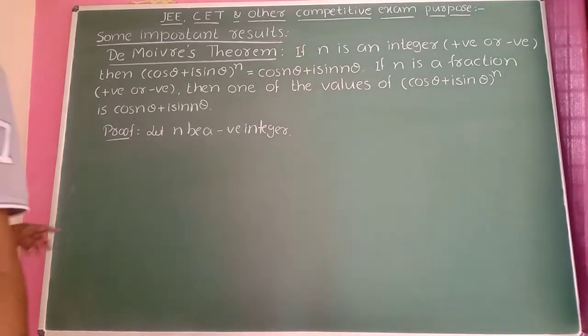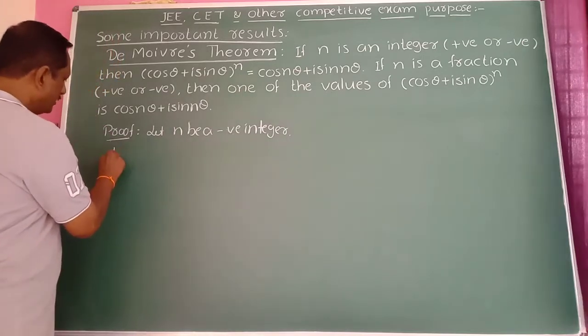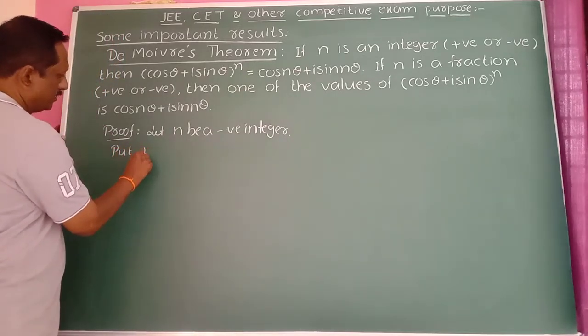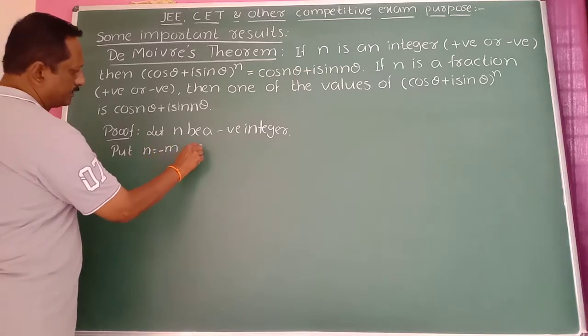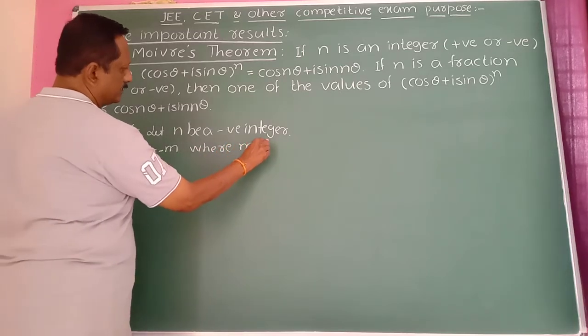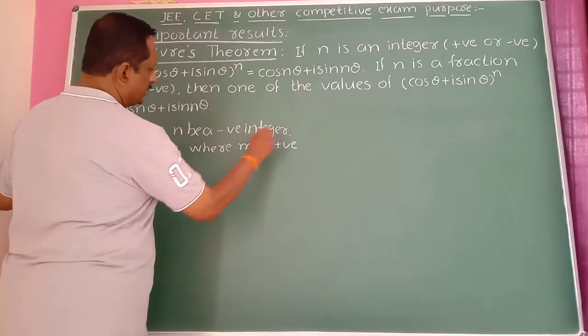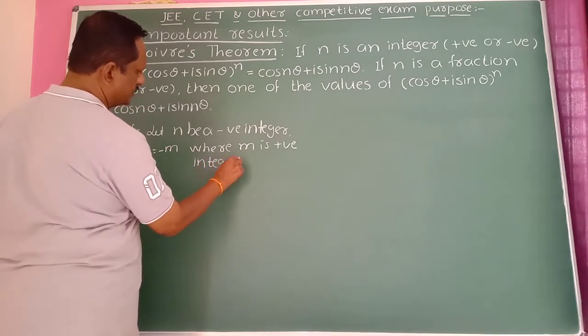Suppose you take n as a negative integer. Therefore put n = -m, where m is a positive integer.